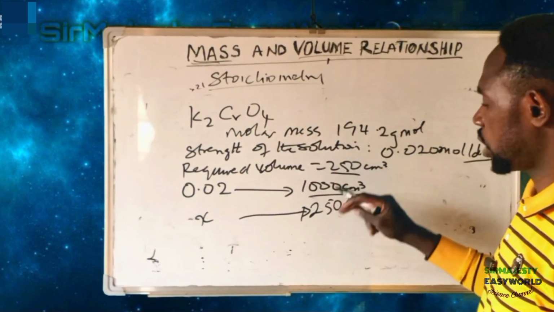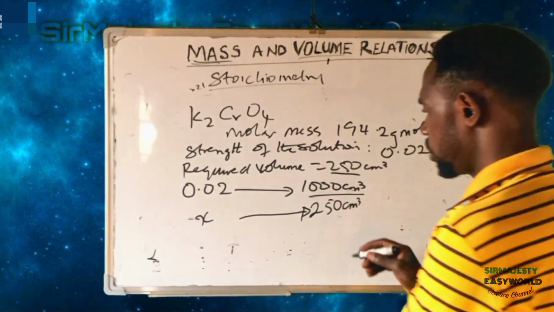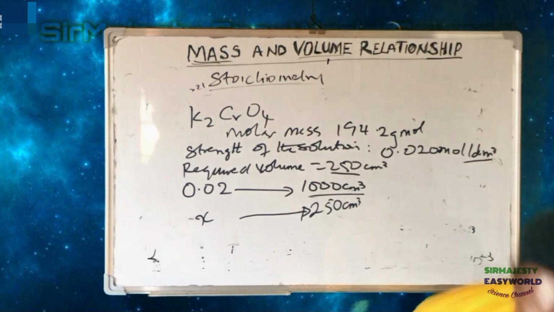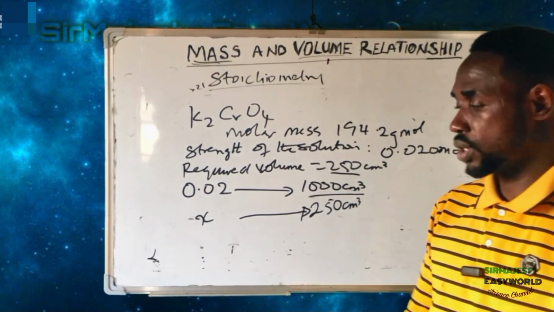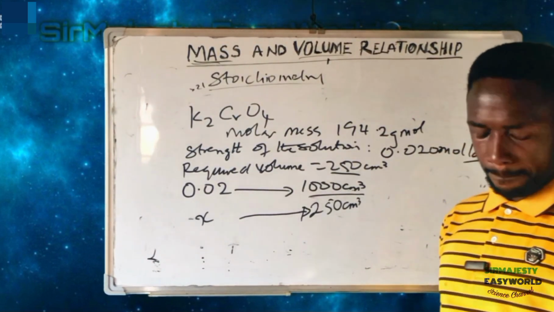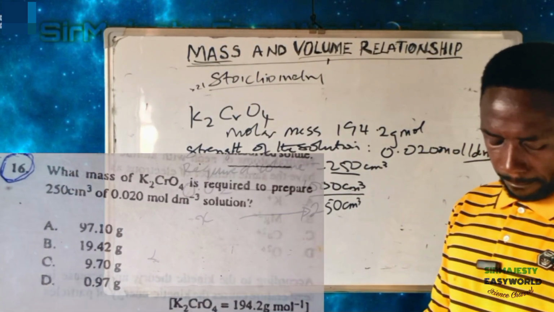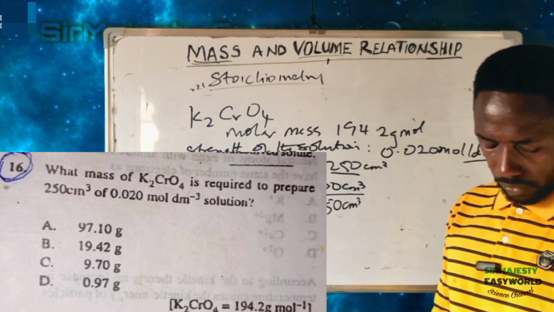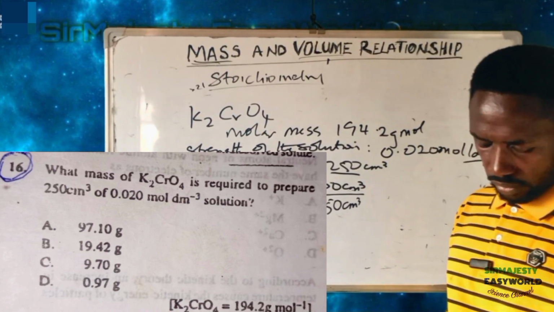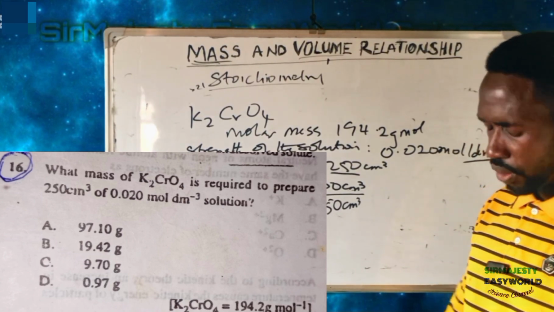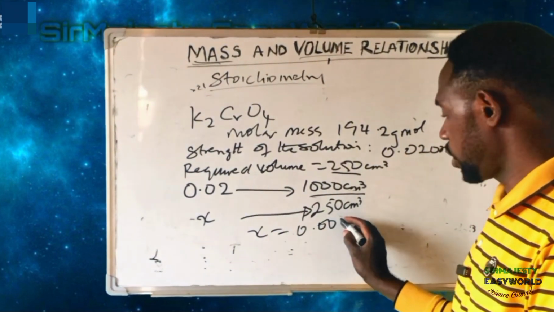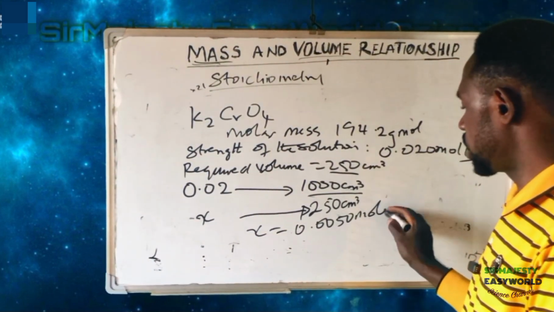Automatically, we're going to have 0.02 divided by 4. You can cross multiply, but I don't have time. So 0.02 divided by 4 gives us 0.005. So x here is 0.005.